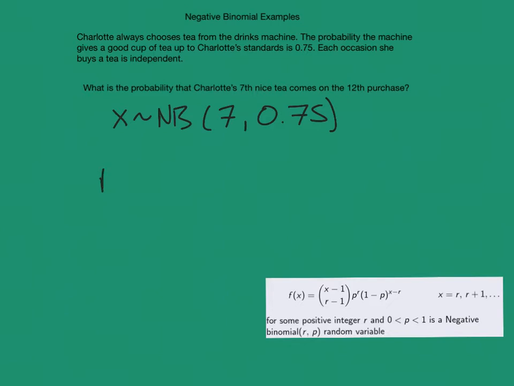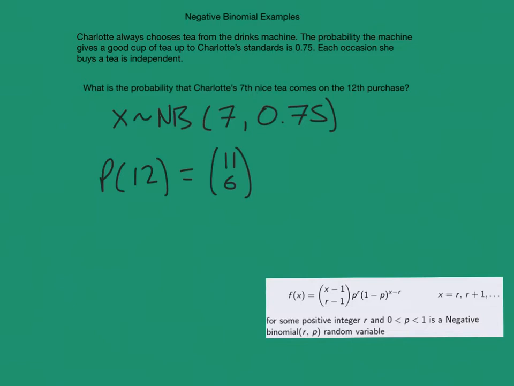So we want the probability that it takes 12 purchases exactly, which is 11, which is 12 minus 1, choose 6, which is 7 minus 1. Remember the formula, which I've just put here as a reminder.